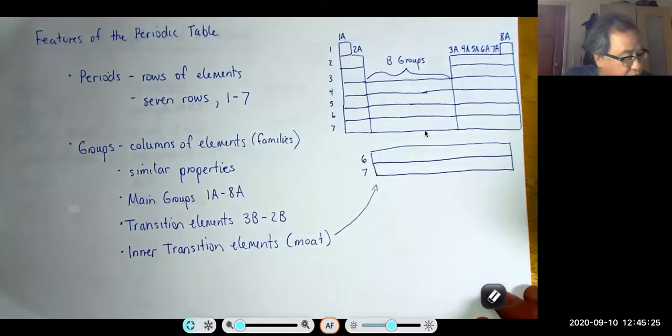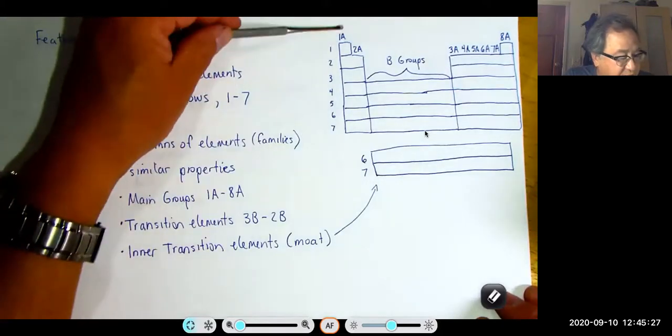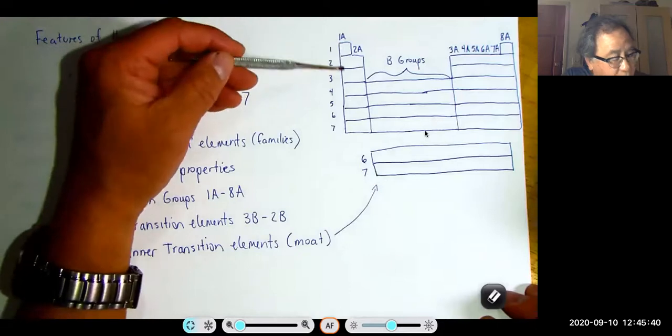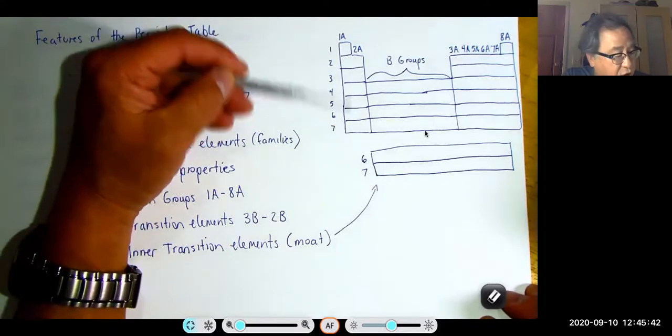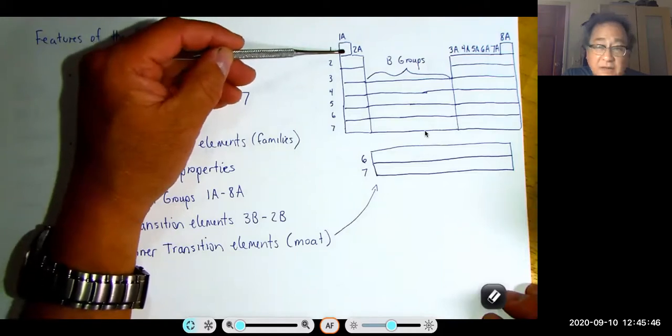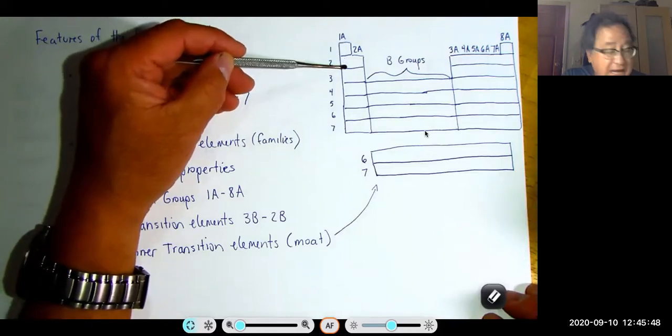Okay, so the groups are elements of similar properties. Now, a property of a substance is its formula. So if we take a look at the formula of all these 1As, when they combine with chlorine, it's always one of these and one chlorine: HCl, LiCl, and NaCl.